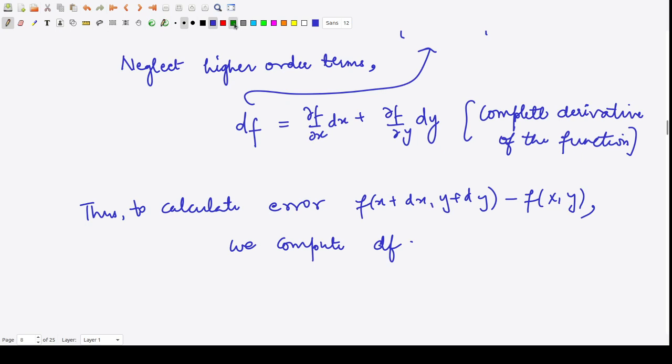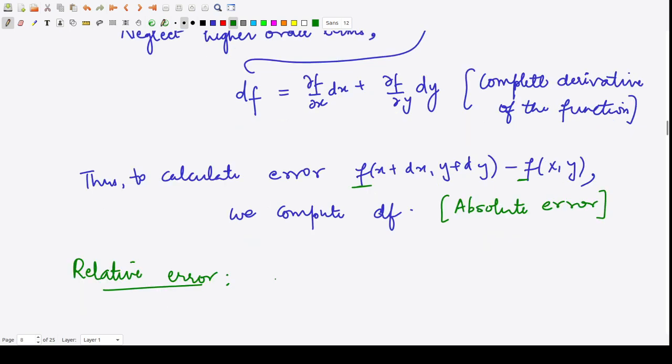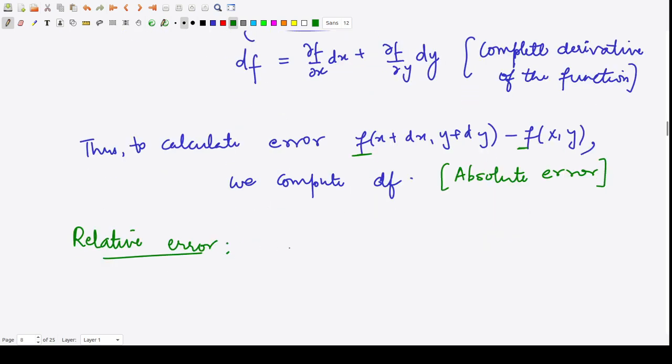And if we wanted to calculate the relative error, what is this error? This error is the absolute error. It has the same units as whatever your function is representing. If we wanted to calculate the relative error, we just have to divide this error df by the function itself.